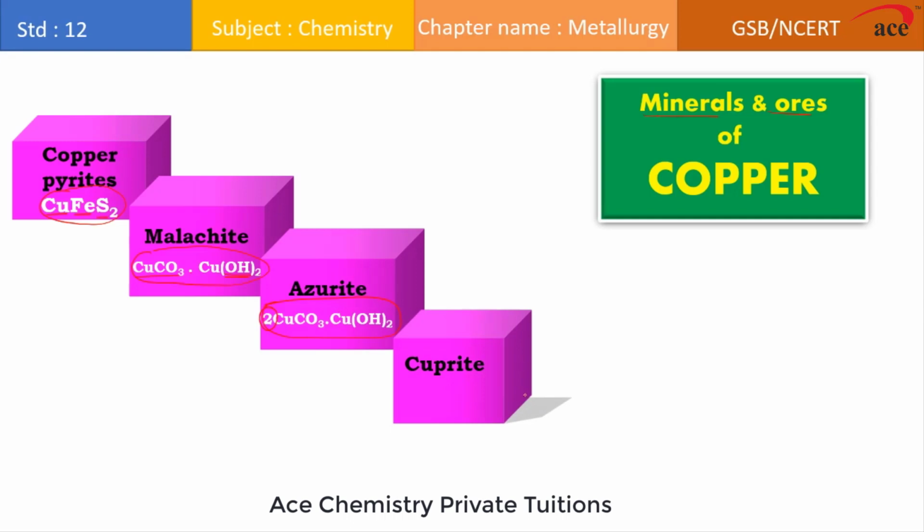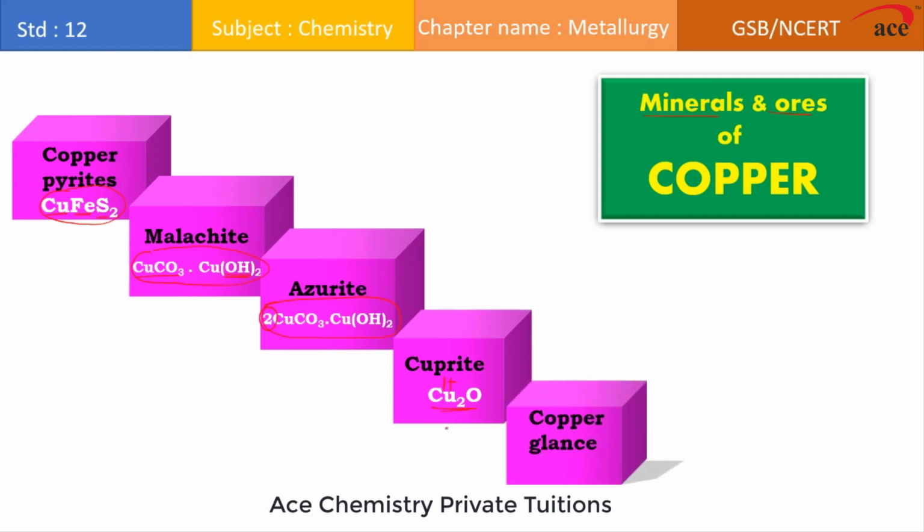Another is cuprite, and this cuprite is copper 1 oxide, which is also referred to as cuprous oxide, as the charge of the copper is 1 plus. Copper glance is another mineral which is referred to as copper sulfide. Again the charge of copper is 1 plus, it is copper sulfide.